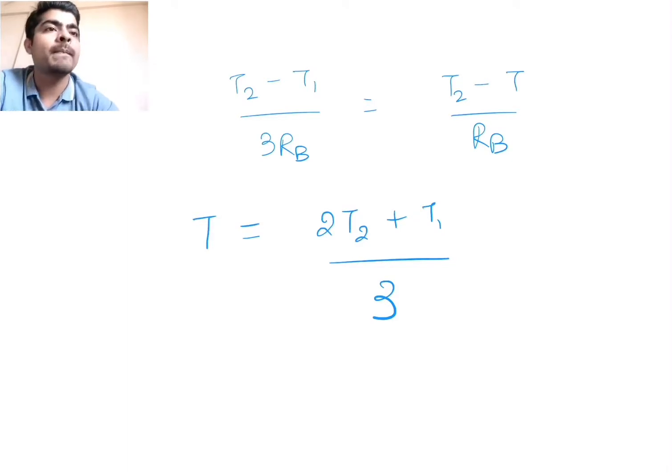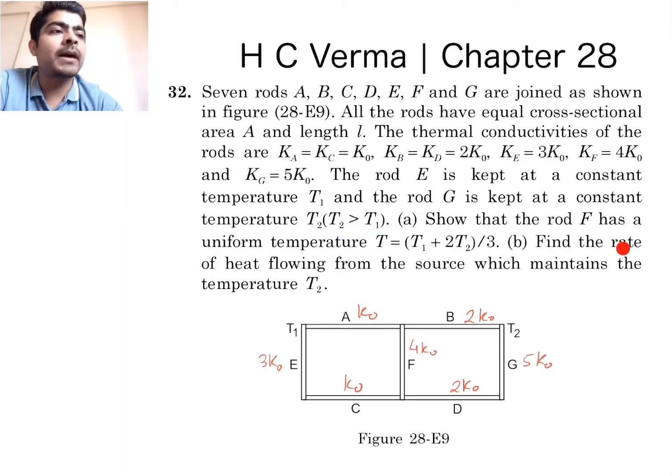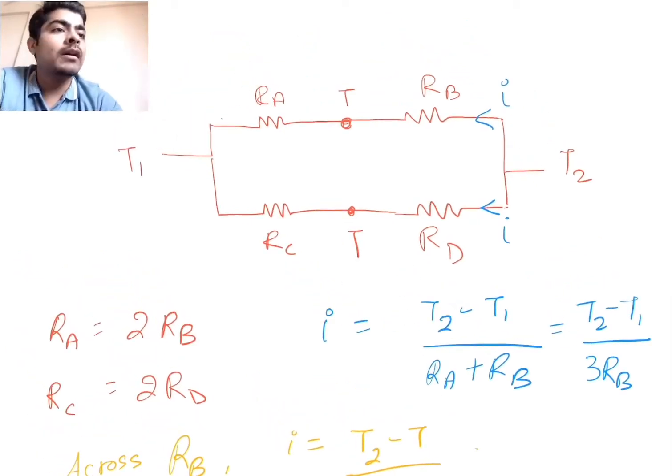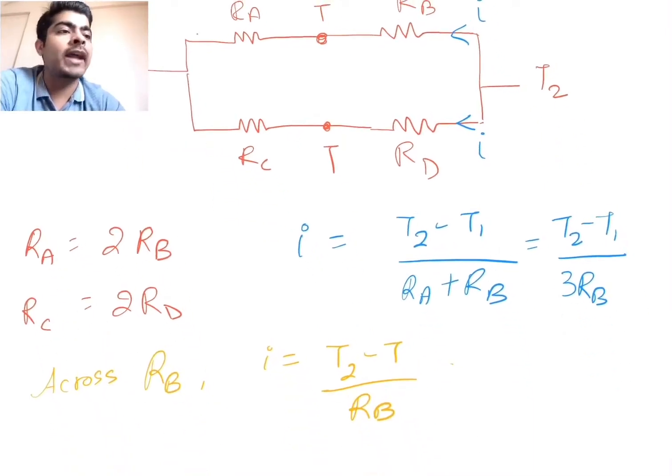Okay. Now part B of the question is asking, find the rate of heat flowing from the source which maintains the temperature T2. Like we saw, in this circuit current I is flowing through the upper branch and current I is flowing through the lower branch. So total heat coming from the end T2 will be 2I. We calculated I as T2 minus T1 upon 3 Rb.